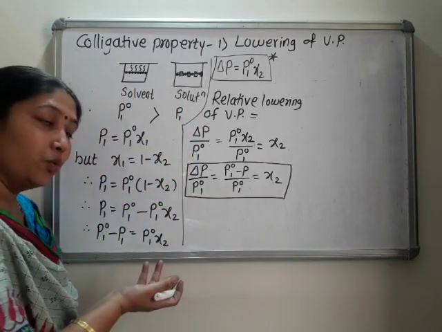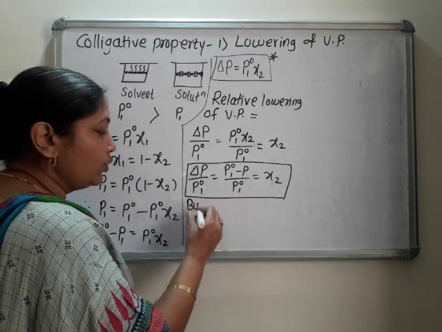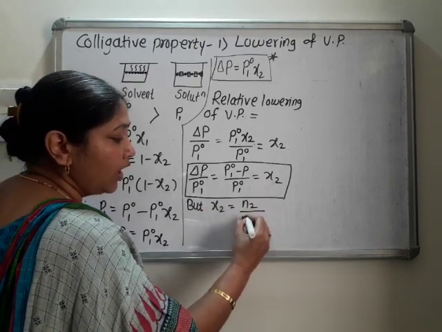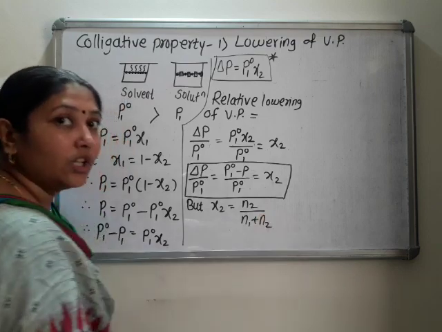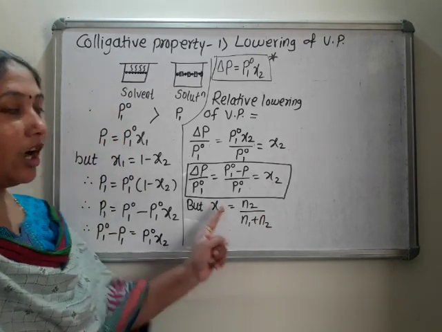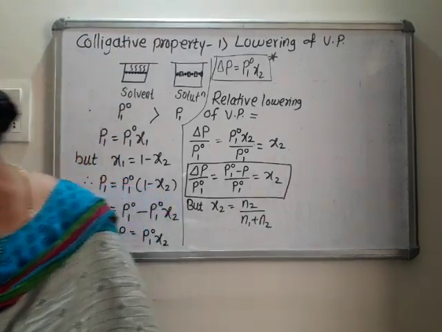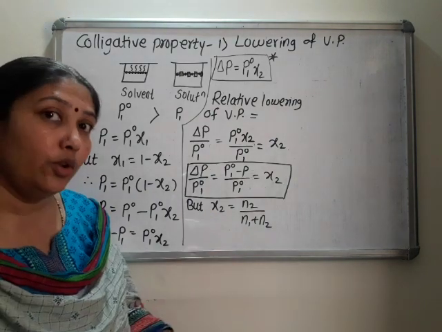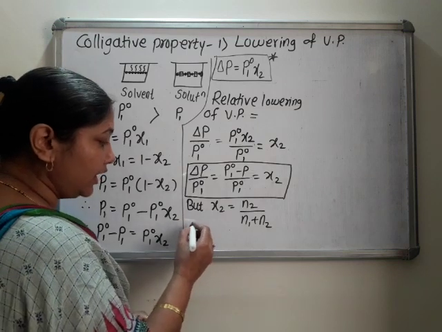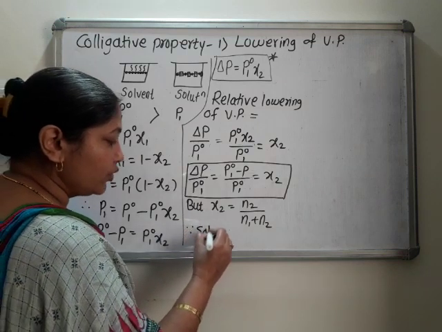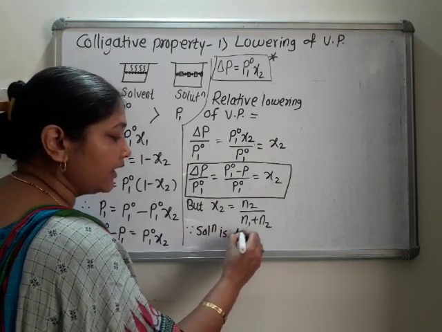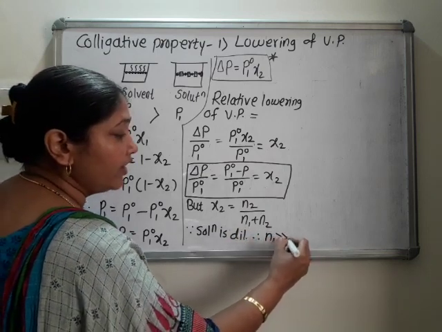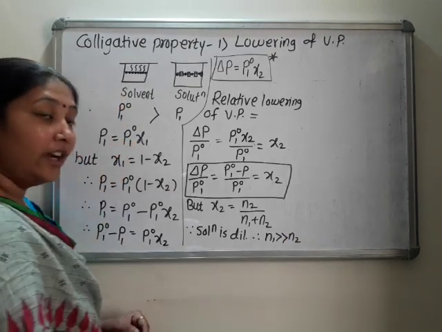But what is x2? x2 is nothing but n2 upon n1 plus n2, the number of moles of that component upon the total number of moles, called the mole fraction of solute. But the solution is dilute. Therefore, n1 is very, very much greater than n2.